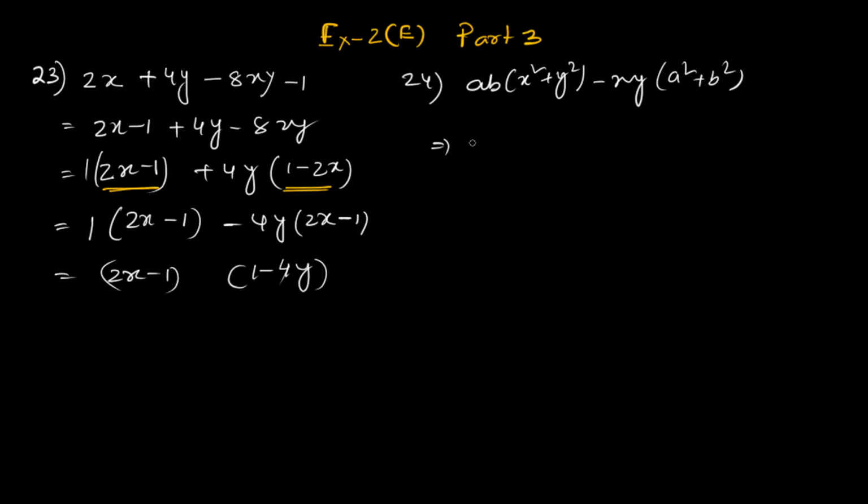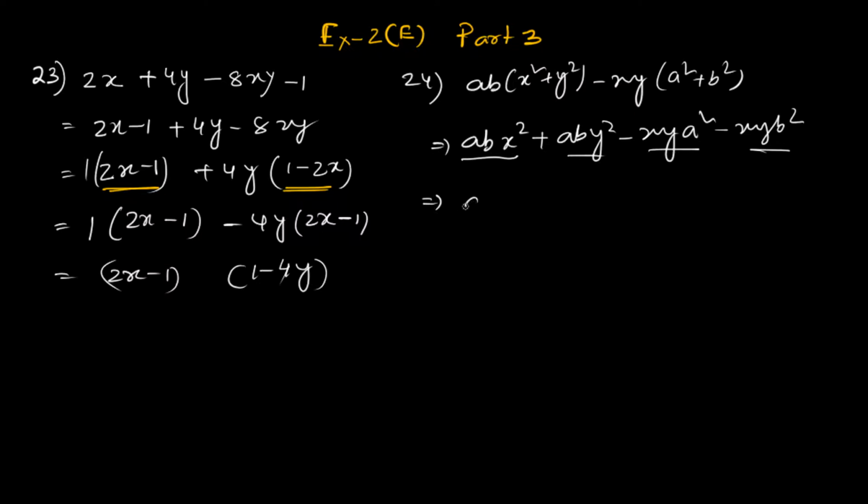So I will write abx square plus aby square minus xya square minus xyb square. I have to organize the terms so that we can take common, so I'm going to pair this one with this one and this one with this one: abx square minus xya square plus aby square minus xyb square.